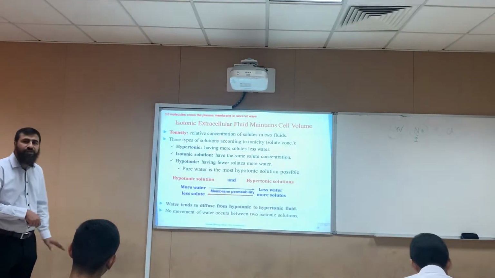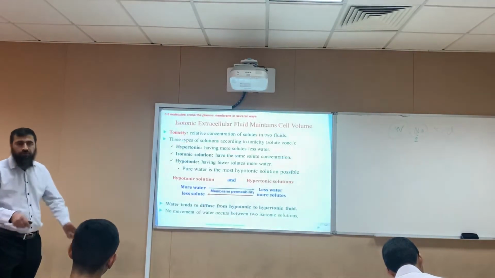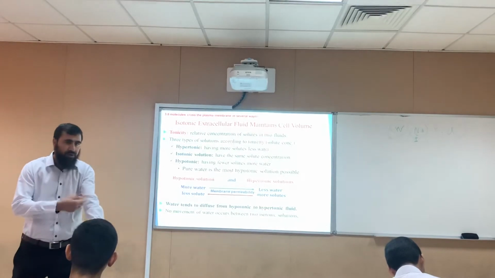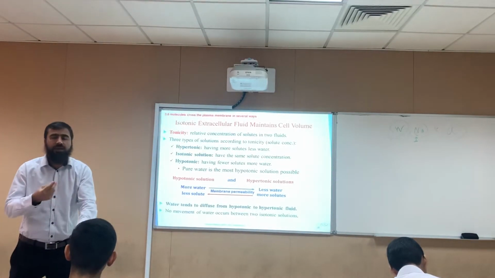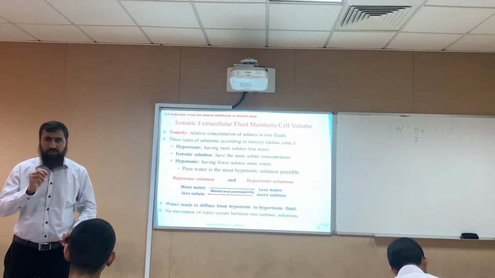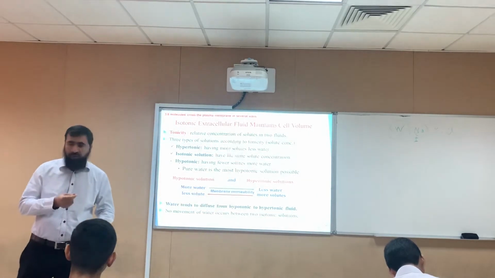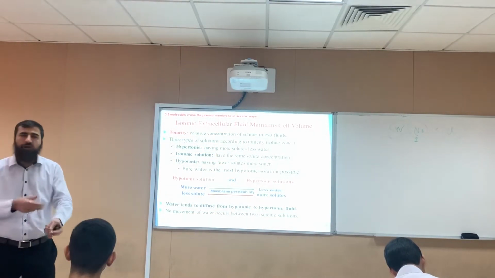Pure water, which has no solutes, is the most hypotonic solution. If you go to the doctor, he will not inject you with pure water and medicine. He will use saline, 0.9% sodium chloride, which is isotonic to our blood.